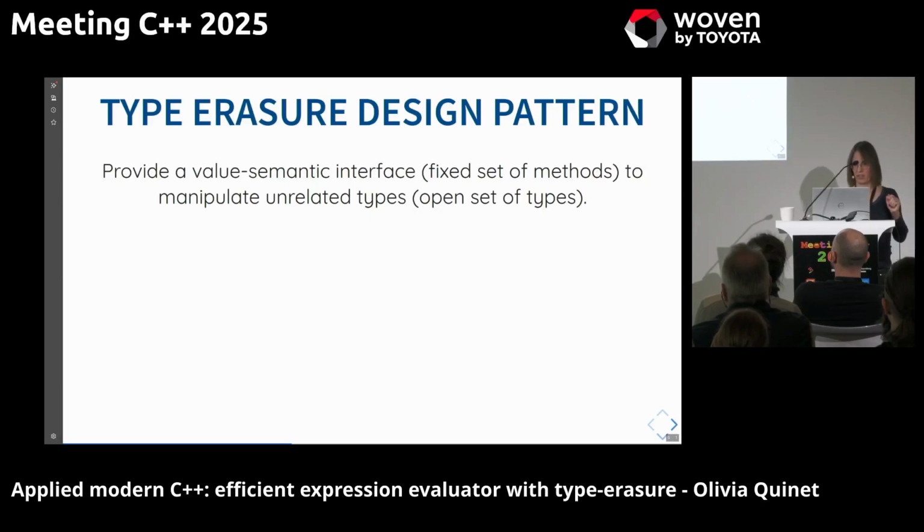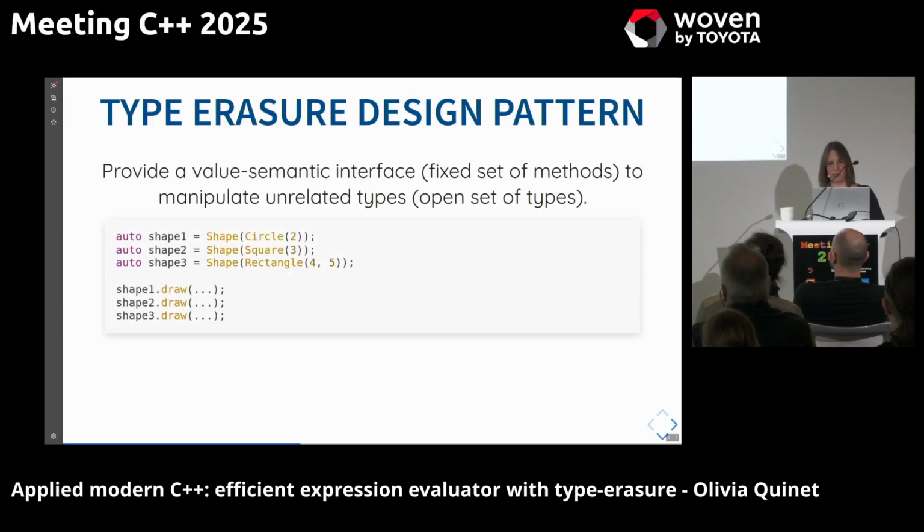A well-known example, if you saw the talk of Klaus this morning, is again the shape. You can define three shapes: a circle, a square, a rectangle, and you can draw them. But everything is value semantic. So for the user, there is no dynamic allocation, at least visible.